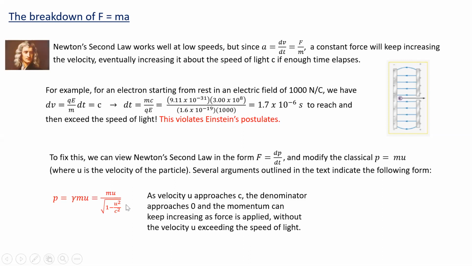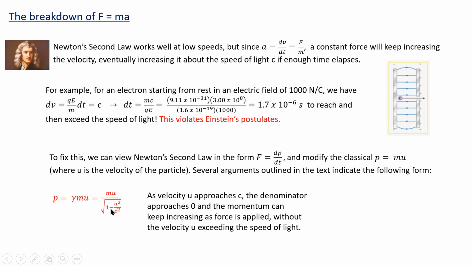Well, as the velocity u approaches c, u over c will get closer and closer to 1, as will u squared over c squared. So the denominator approaches 0. The momentum then, as u approaches c, can keep increasing as force is applied without u ever increasing past the speed of light.